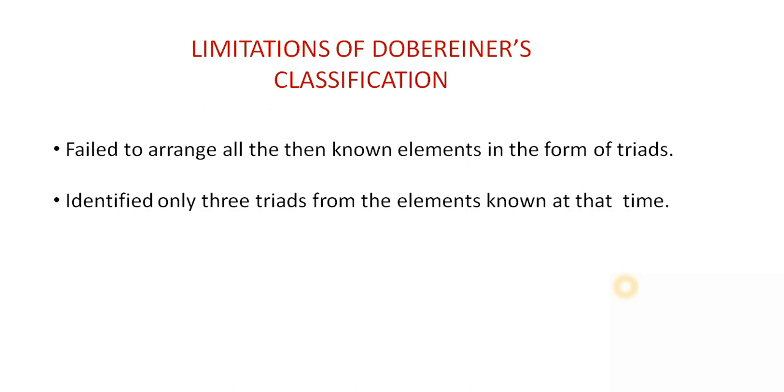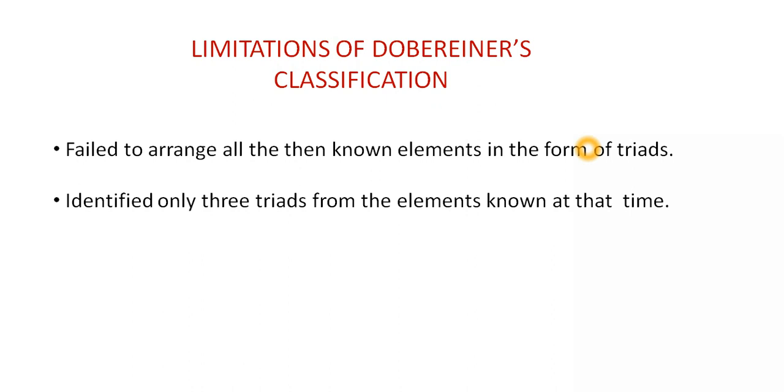And why did he fail? What were the limitations of Dobereiner's classification? He failed to arrange all the then known elements in the form of triads. It means almost 30 plus elements were present, but he failed to arrange all of them in the form of triads, because when he arranged further elements in the form of triads, they did not have similar chemical properties.